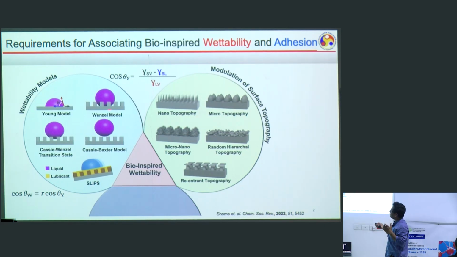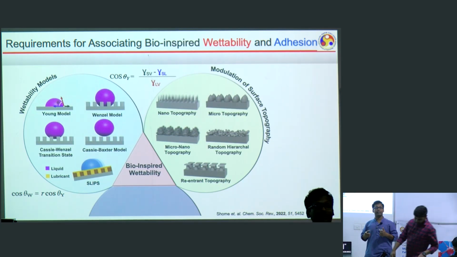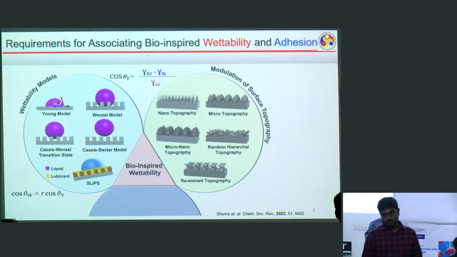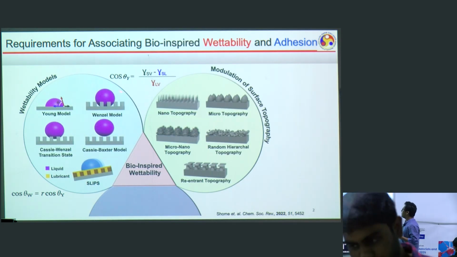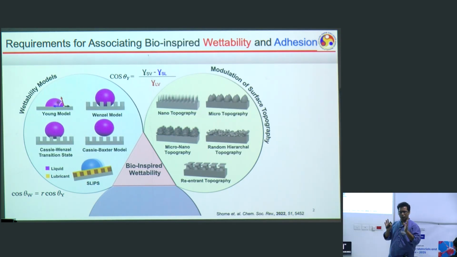You have a rough interface and you're putting this liquid on it. What happened? The projected surface area and the actual surface area are different, right? Because of that, you see this anomaly, though it's not such an anomaly, it's just the roughness factor you need to include, and then it worked quite well. These two situations, the Young model and the Wenzel model I just explained, represent the homogeneous liquid wettability state.